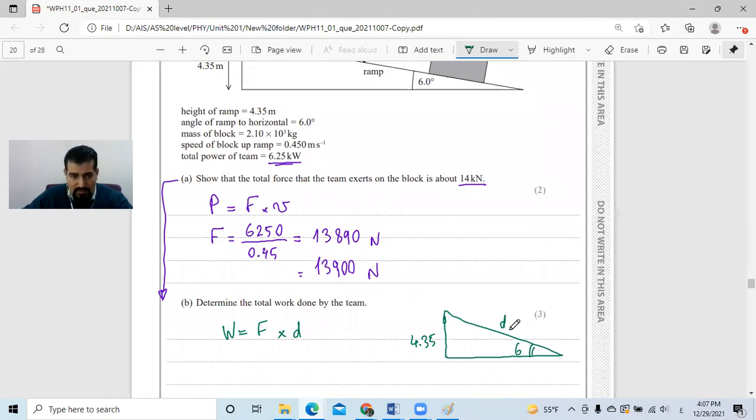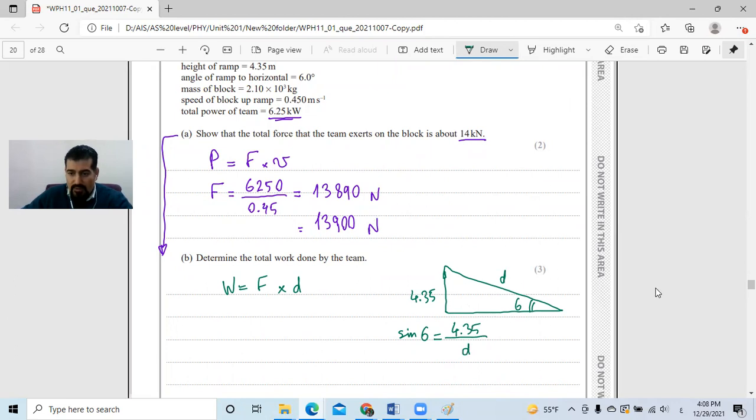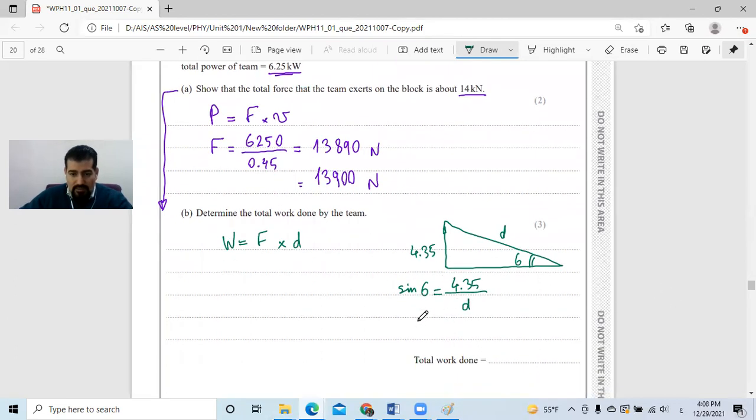This is the distance that I needed. I will use sine. So sine 6 equals opposite, which is 4.35, divided by d, the hypotenuse, then I would say that d equals what?